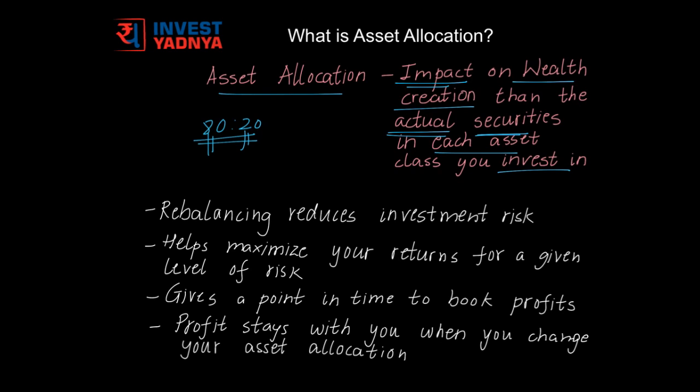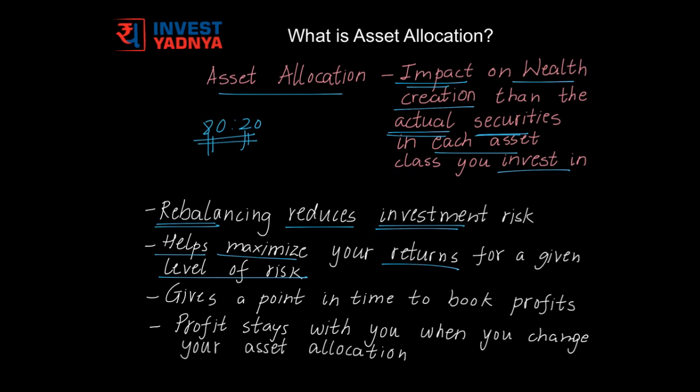Asset allocation is a great tool to reduce the investment risk because we are rebalancing. We are not getting exposed to an asset class which we are not comfortable over and above selected allocation. And thus, it helps you maximize your returns for a given level of risk.